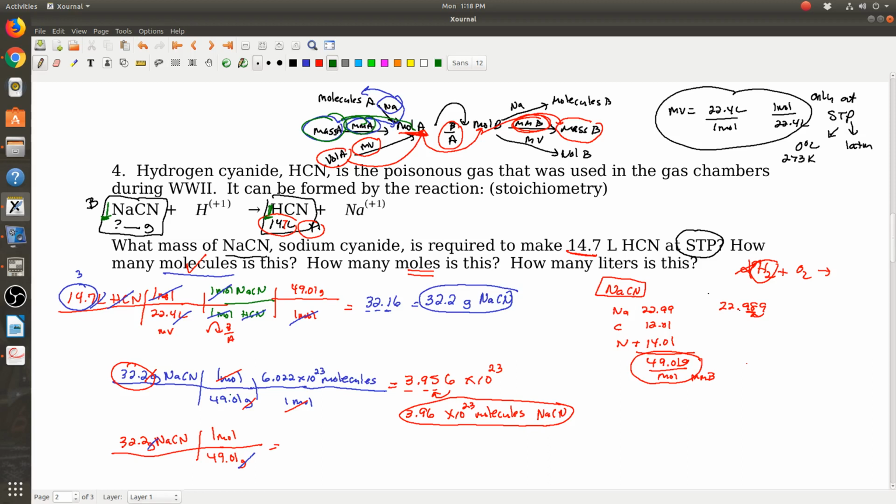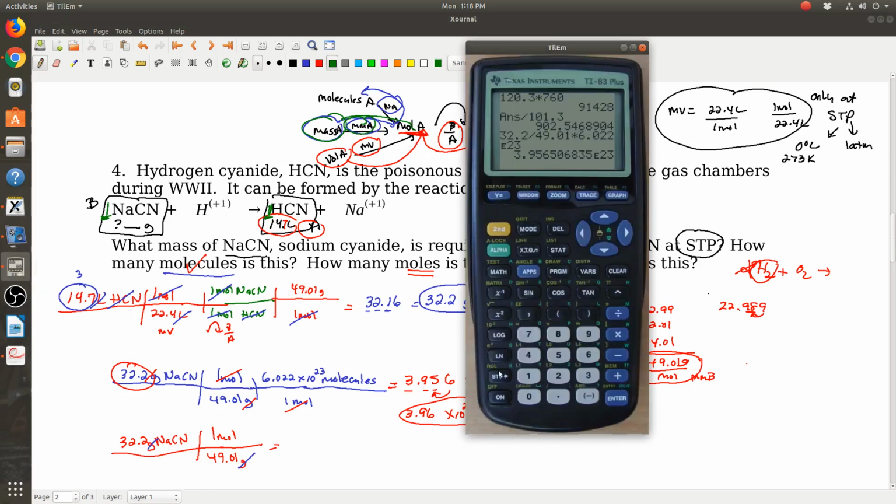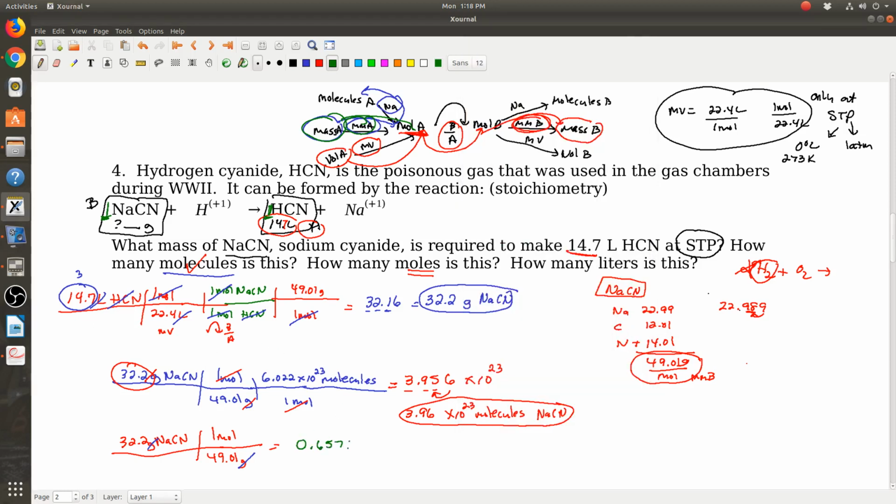Okay, so 32.2 divided by 49.01, and I get 0.6570. 3 significant figures, 1, 2, 3. Leading zeros are losers, so 0.657 moles. Okay?